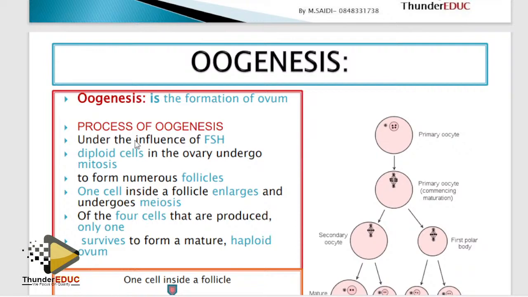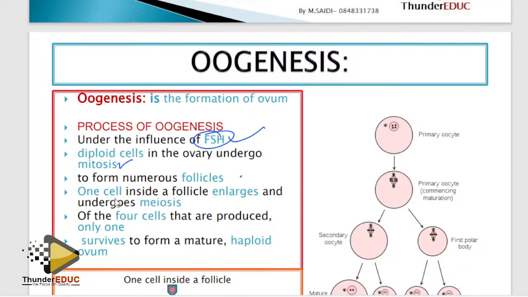Formation of the ovum, oogenesis, is a process under the influence of follicle stimulating hormone. Don't use FSH when it's terminologies; say follicle stimulating hormone. But if it's not terminology, it's cool. The diploid cell in the ovary undergoes mitosis so that they form numerous follicles.